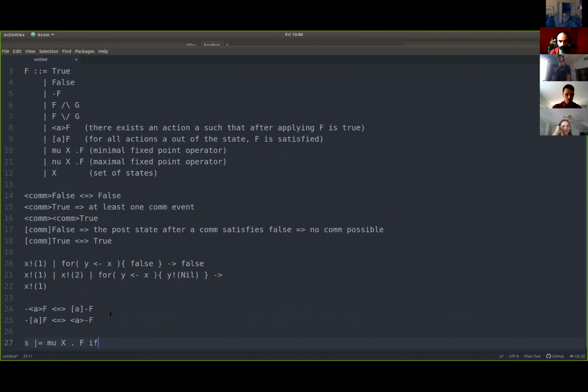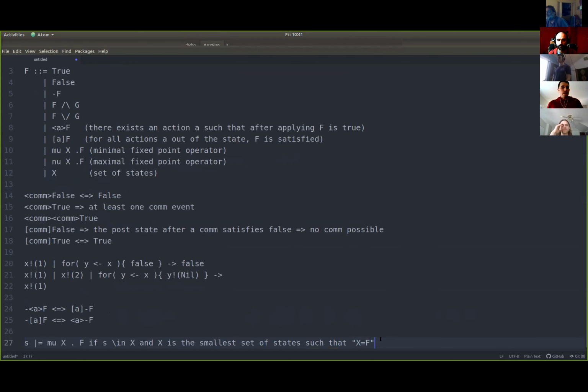So this is if s in X and X is the smallest set of states such that X is equal to f. And smallest in this power set, right?